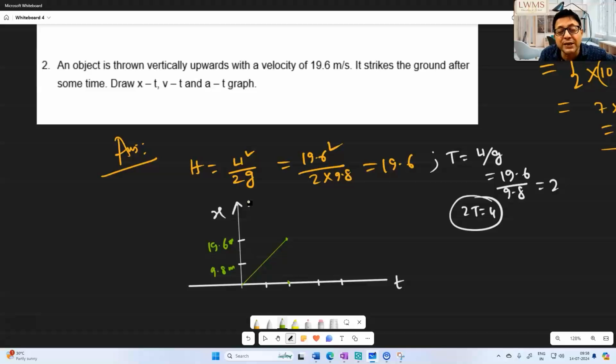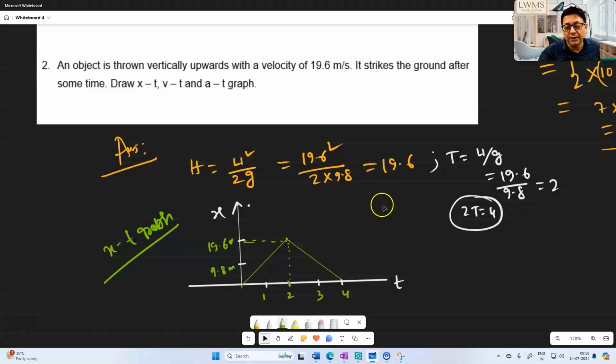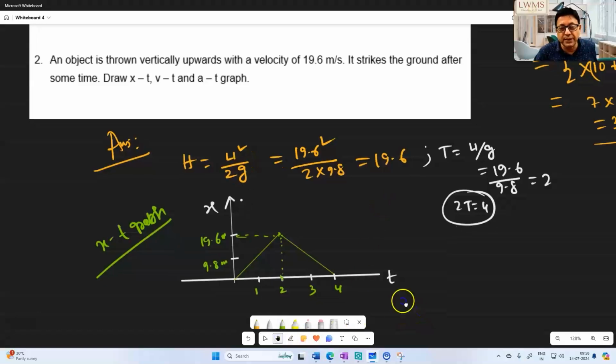Up to what time? 2 seconds. In the next 2 seconds, it will be like this. Okay, clear? So this is 1 second, 2 seconds, 3, 4. This is the x-t graph for the entire journey. So x-t graph is done. Now we have to do it for velocity time graph. Let us do the velocity time graph now.